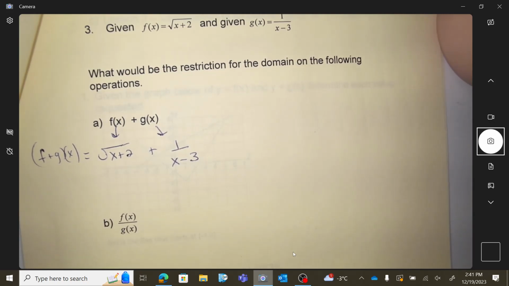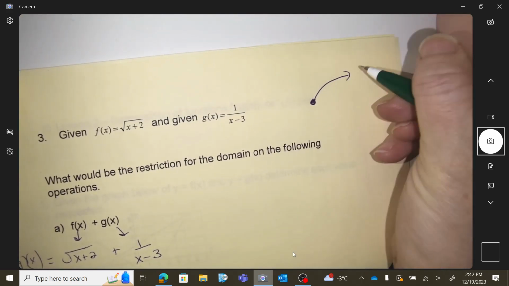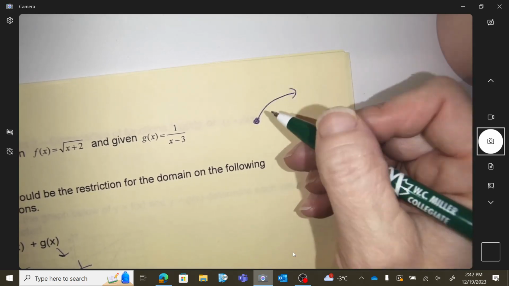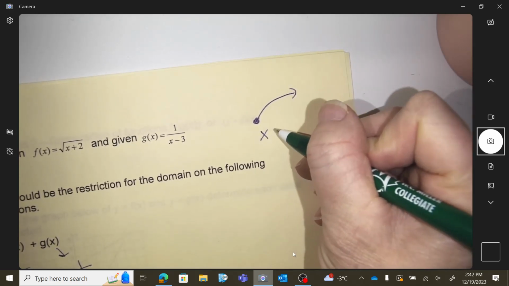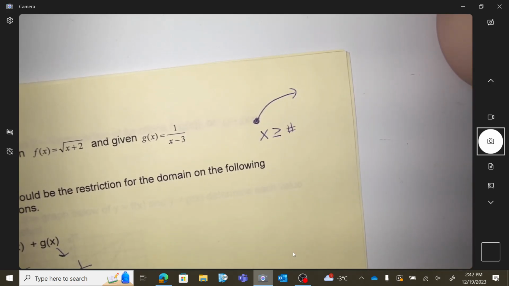Okay, what do you know about radical domains? Like radicals, this is a typical radical. So what do you always know about the domain? Like for this one, x would be greater or equal to some number, right? Does that make sense?